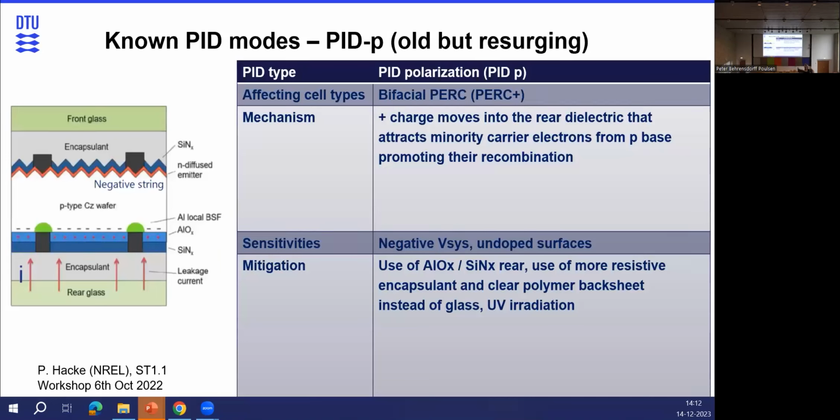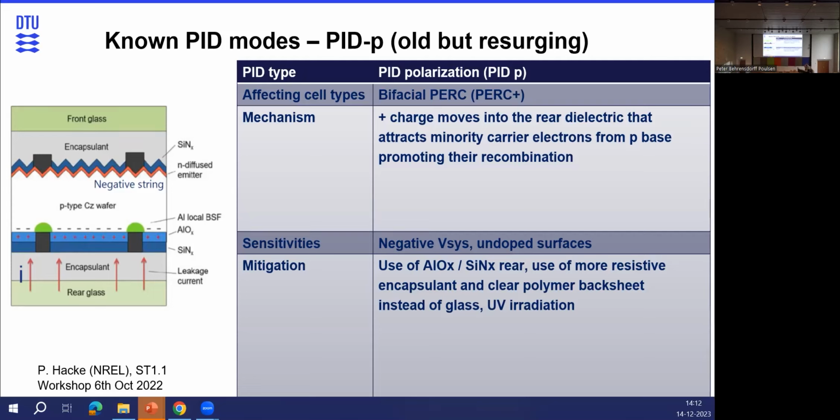History tends to repeat itself a little bit. A new but old PID mode called PID polarization was actually the first one discovered, in 2005 in SunPower IBC cells. It wasn't really a problem for aluminum back surface field cells, but once bifacial PERC became a thing, as Nicholas showed, it increased in the last few years.